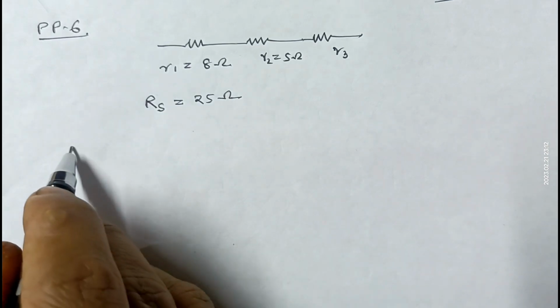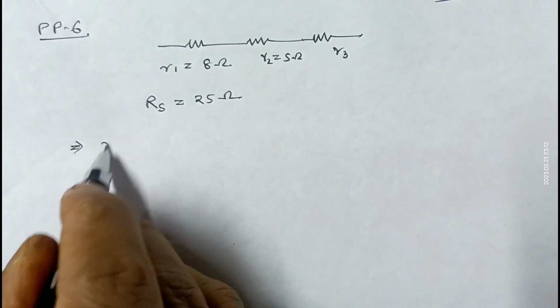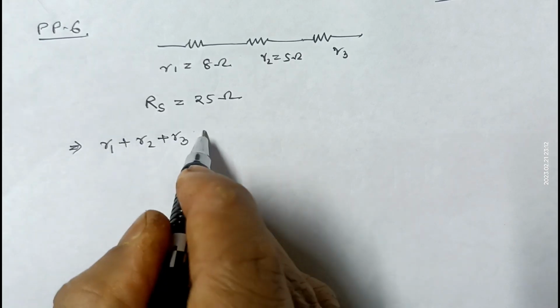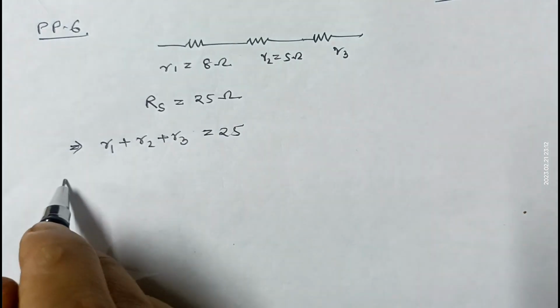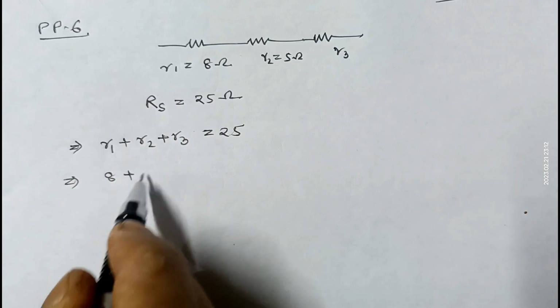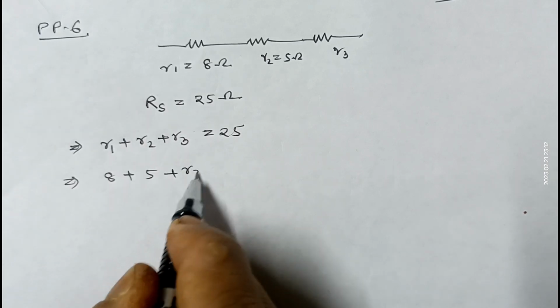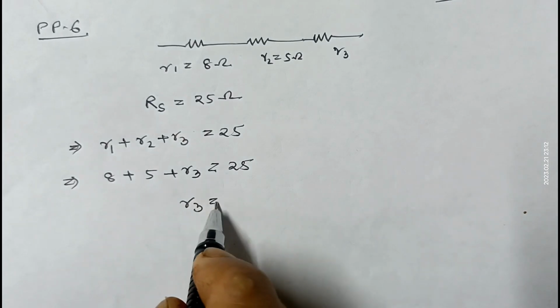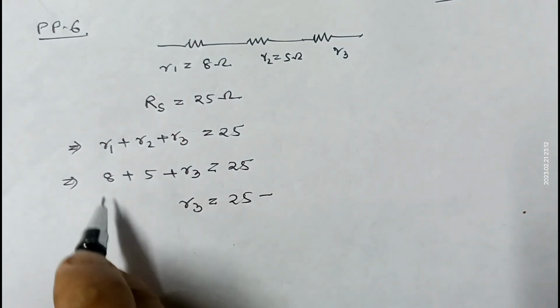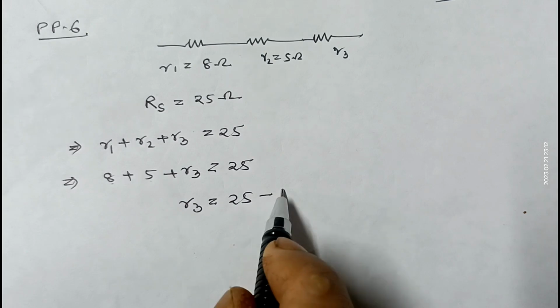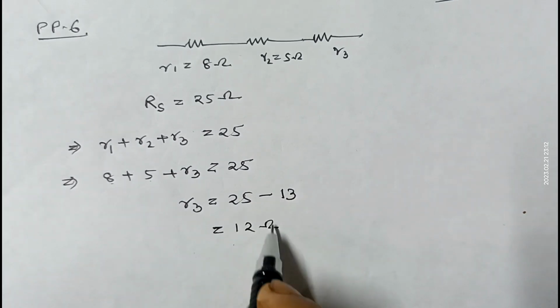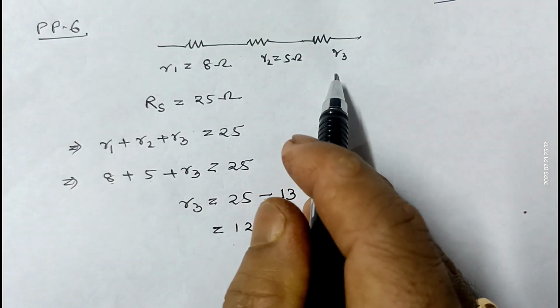Now we know overall resistance in case of series is R1 plus R2 plus R3 equals 25 ohm. R1 we know it is 8 plus 5 plus R3 equals 25. So R3 equals 25 minus 8 plus 5, 13. So it will be 25 minus 13, which will give 12 ohm.